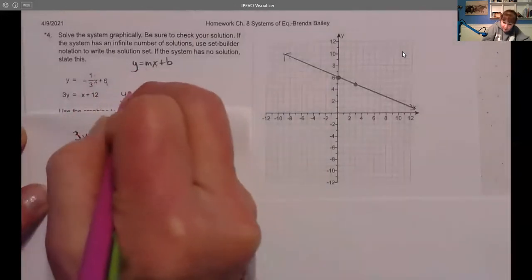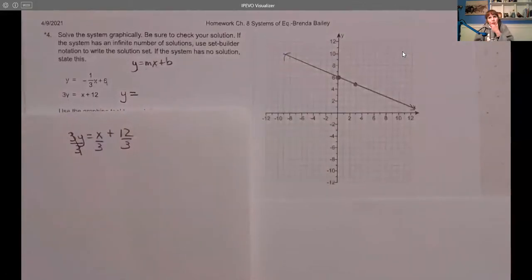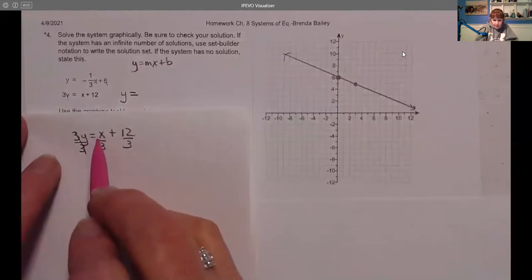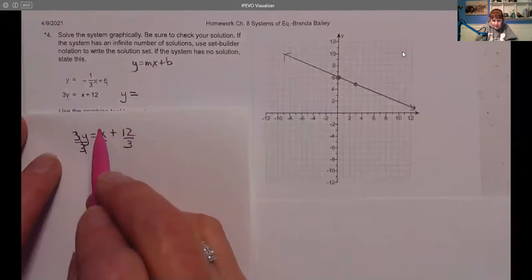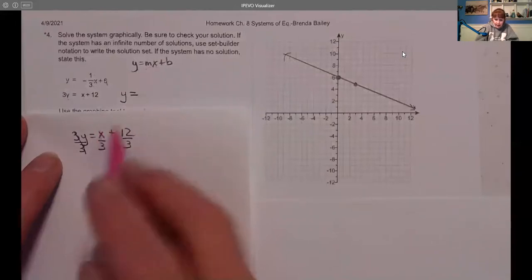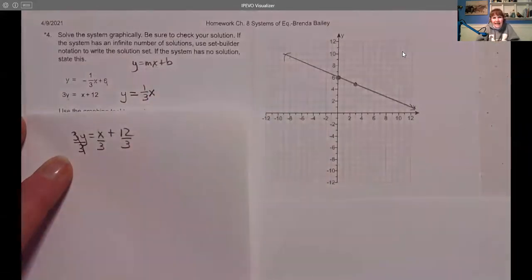Y equals, what about this x over 3? Well, you have to remember that if there's not a number in front of the x, it's a 1. So to write it so it looks like this, I'm going to write this as 1/3 x, so I can see my slope.